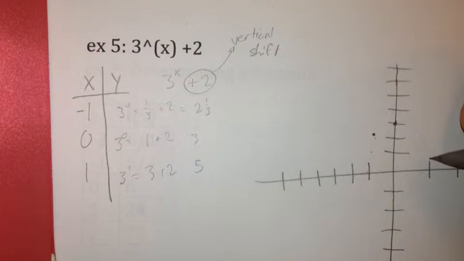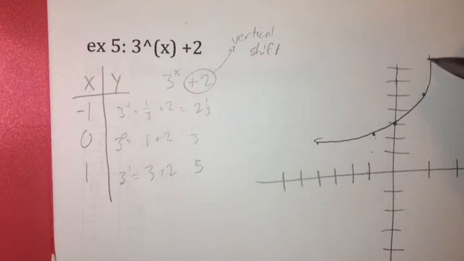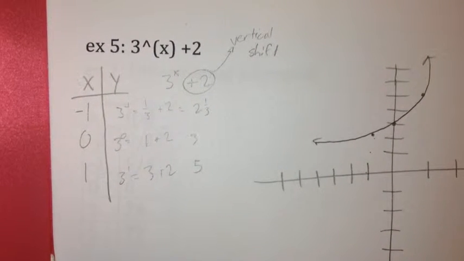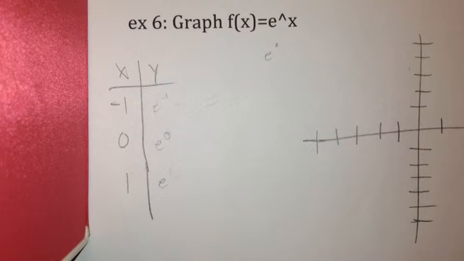So 1, 2, 3, 4, 5. Basically, the same graph, just moved up. So, we have our graph. Mine are not very pretty, but it's okay.